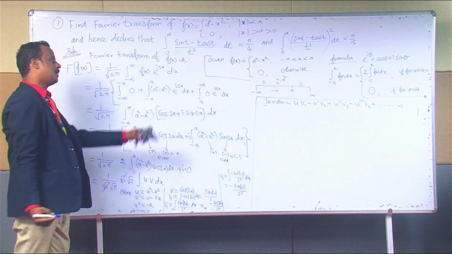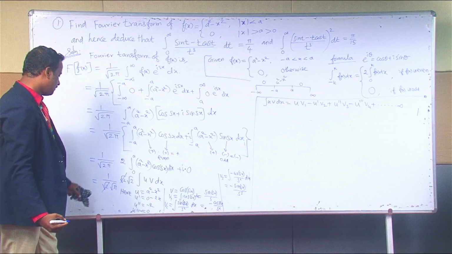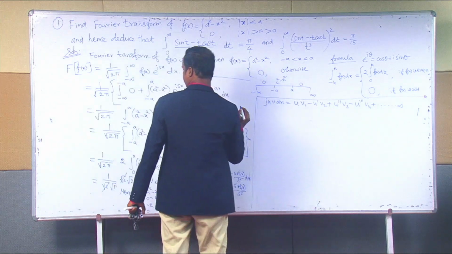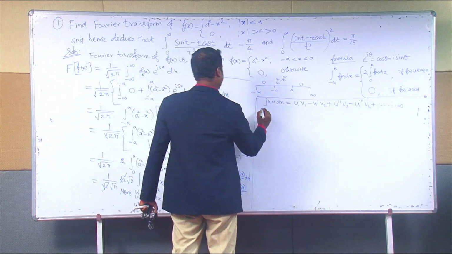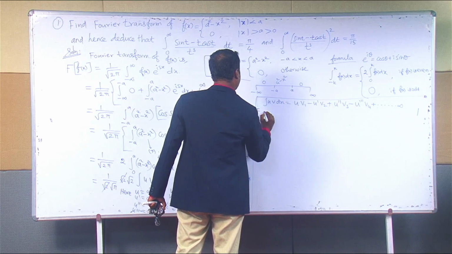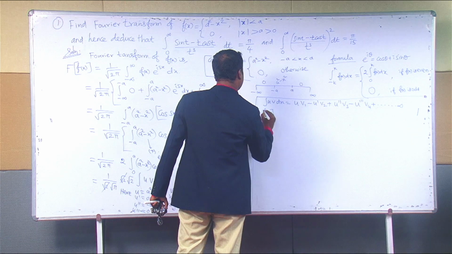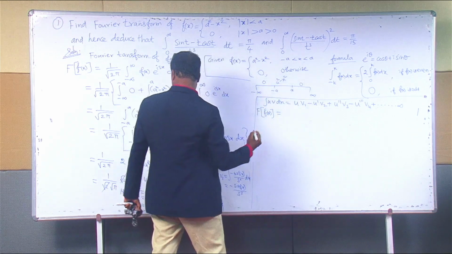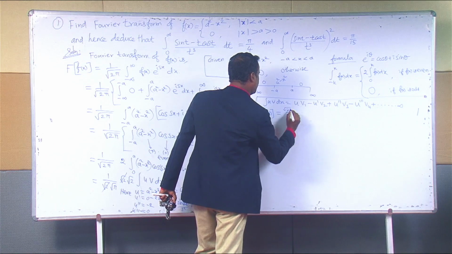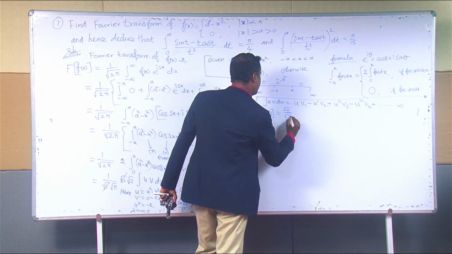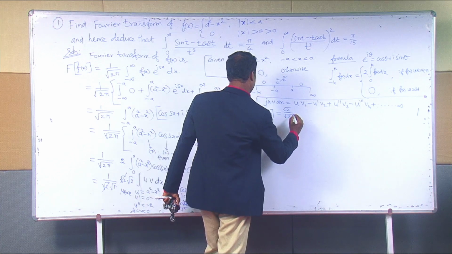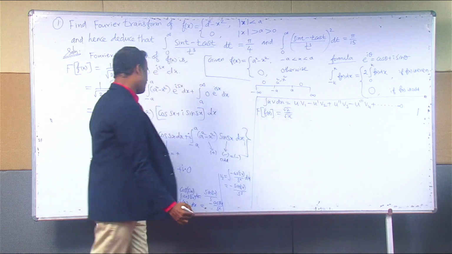Now we have to use it in the formula. The root 2 and root pi cancel, so f of x equals root 2 by root pi integral 0 to infinity. Now we apply Bernoulli's formula.